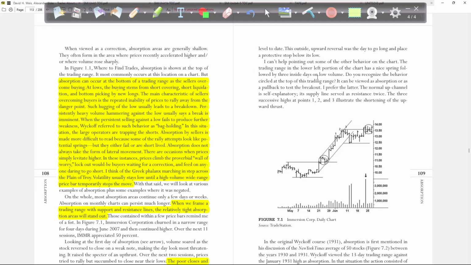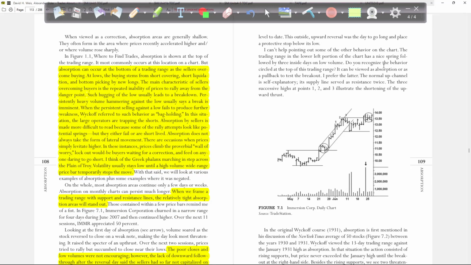I can't help pointing out some of the other behavior on the chart. The trading range in the lower left portion of the chart has a nice sprint followed by three inside days on low volume. Do you recognize the behavior circled at the top of this trading range? It can be viewed as absorption or as a pullback to test the breakout. I prefer the latter. The normal up channel is self-explanatory.